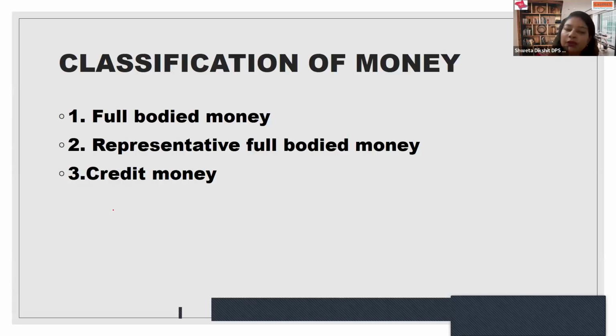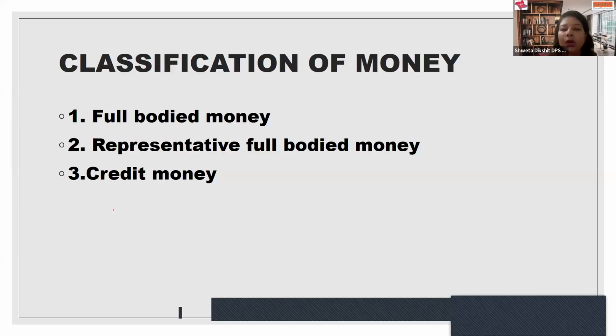So what are the full-bodied ones? There are certain coins whose imprinted value, that means the value written on it, which is the face value, is equal to their intrinsic value. So they are full-bodied money. Generally the coins are full-bodied money, especially in the times when we had silver coins in function.